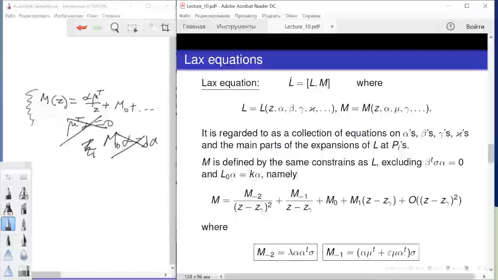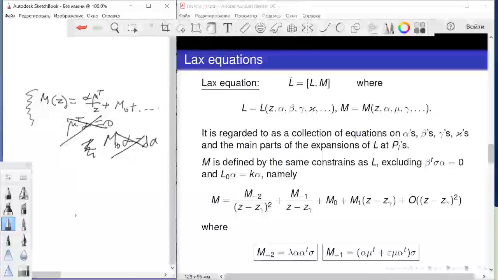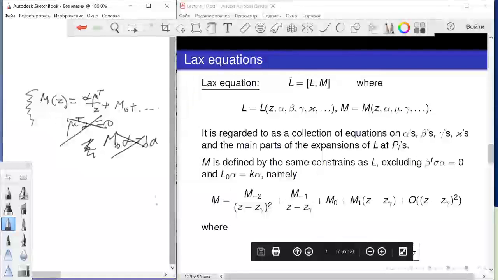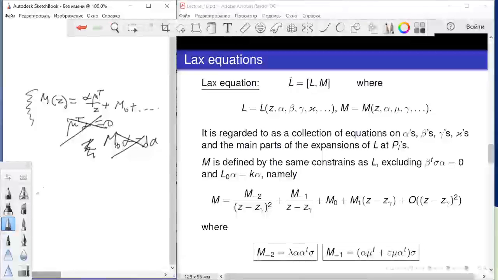Kappa comes from the condition L0 alpha is equal to kappa alpha. It's just the eigenvalue of L0 on alpha.